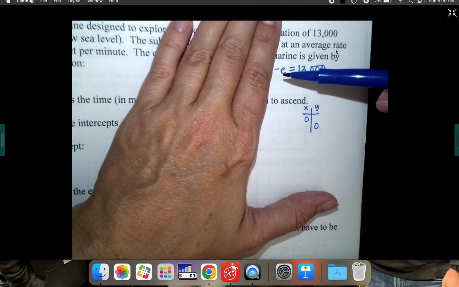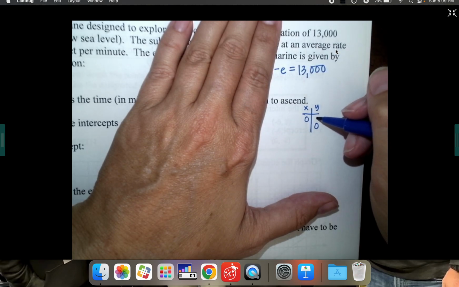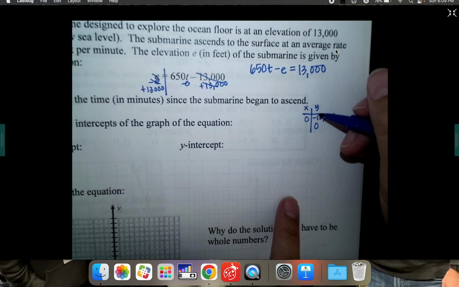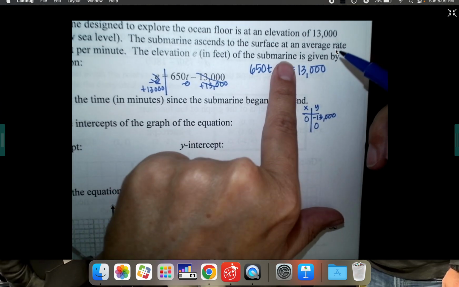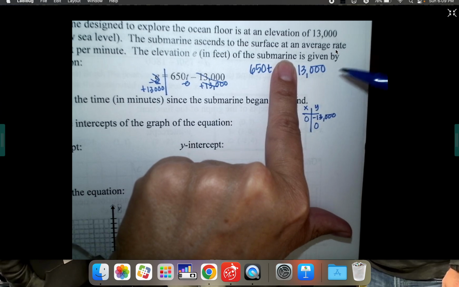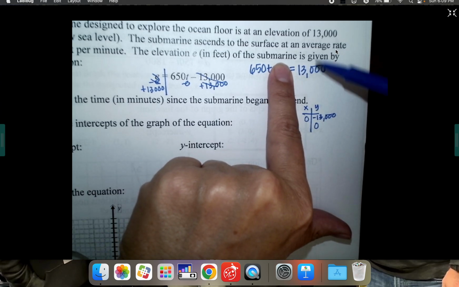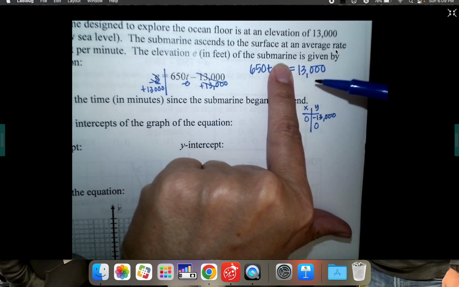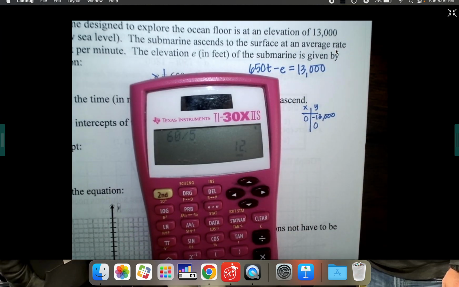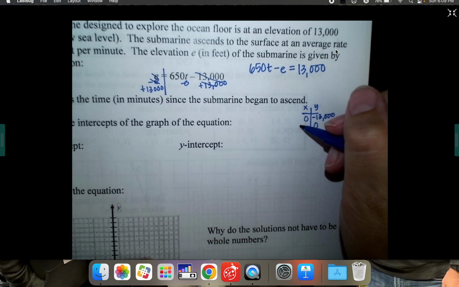So this would be a negative 13,000. All right, and then on the other one, if we made y 0, if we plugged in y would be 0, we have 0 equals 650t, or 13,000 equals 650t. So we would need to divide both sides by 650. So 13,000 divided by 650, and that is 20.